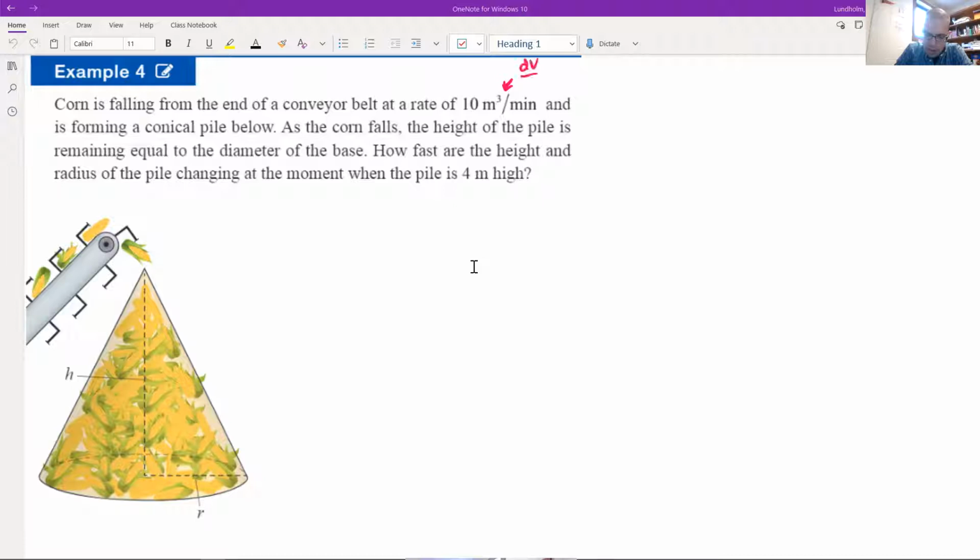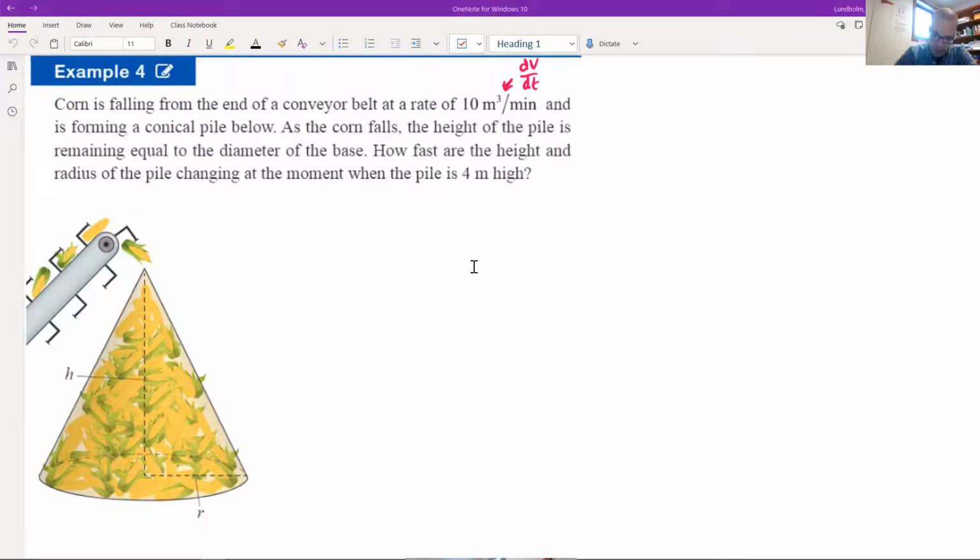So I'm gonna write dV/dt there, just as shorthand, but that's volume changing. We also have a relationship between the height of the pile and the diameter of the base. Those two things are equal. Good to know. How fast are the height and radius of the pile changing?